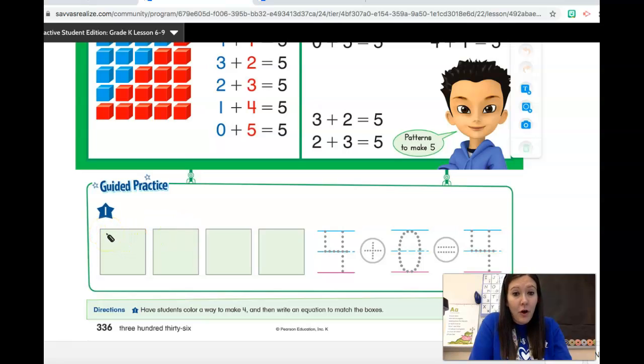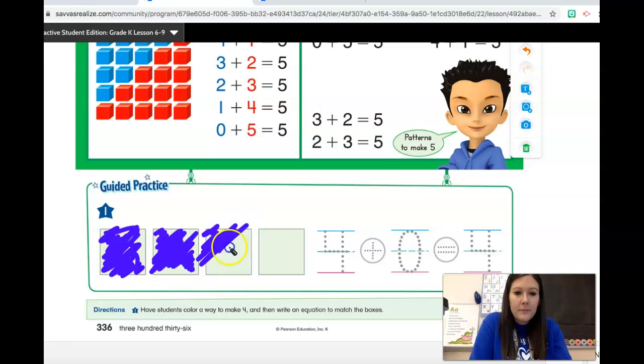I want you to color all 4 of them blue. Remember, I'm not scribbling, but I am coloring quickly. 1, 2, 3, 4.